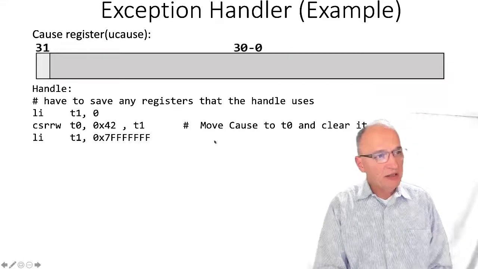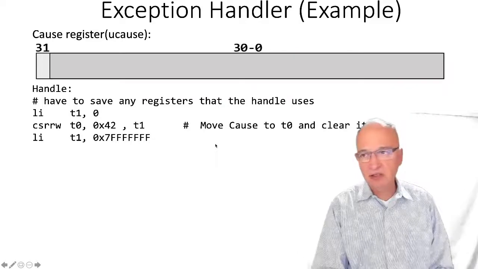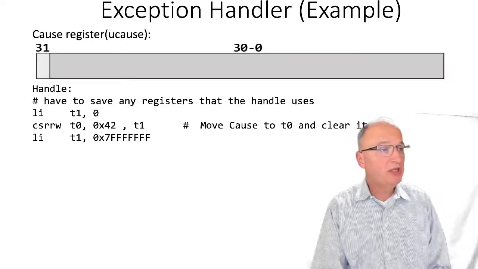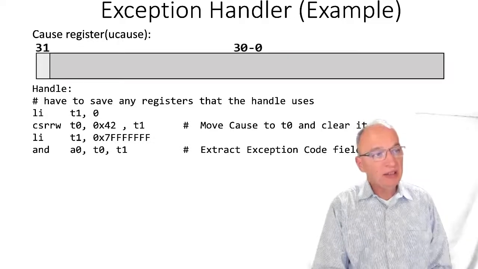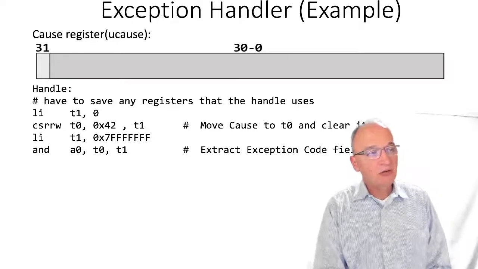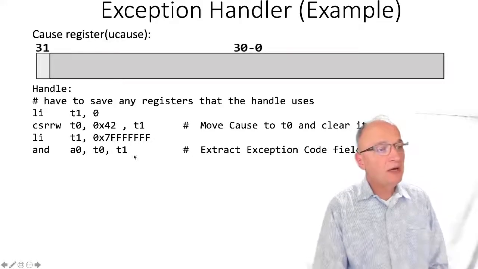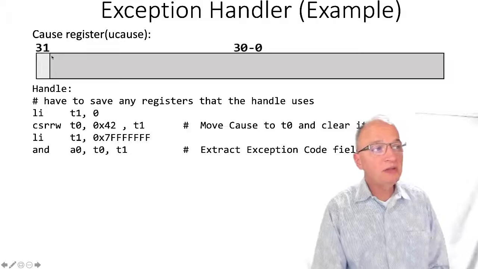Next, I'm going to write the value 0x7FFF, that is all bits are 1 except for the bit 31, into T1. And then I'll do an AND with the value that I got from the cause. And this will allow me to extract the exception code field without the bit 31.